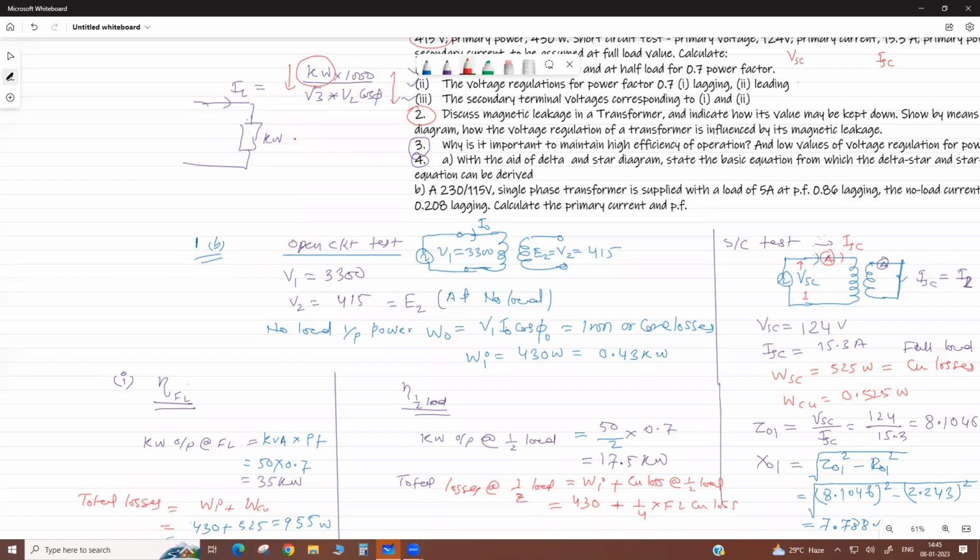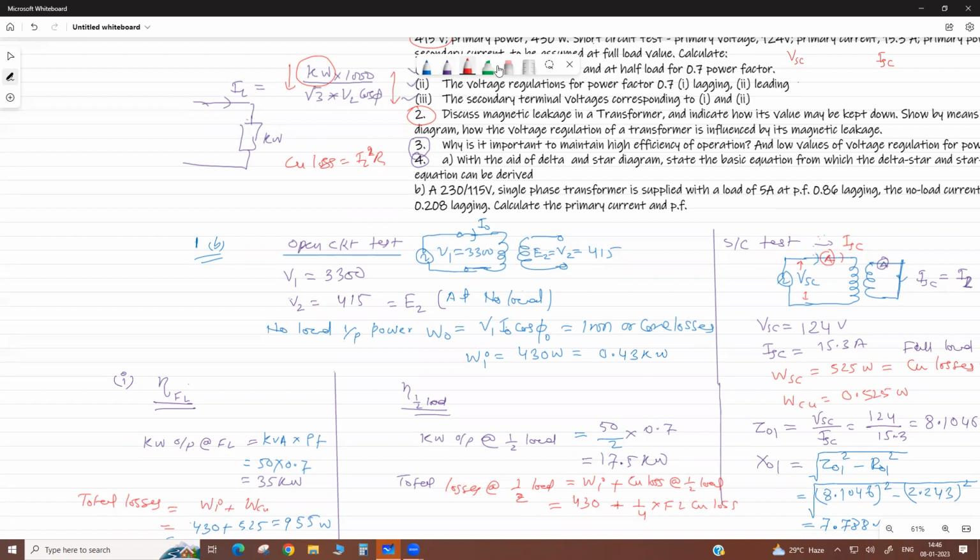If load current becomes half, then the copper losses due to this current: copper losses are square times the load current, square times the total resistance. So if load is half, current is half, and the losses become 1/4.